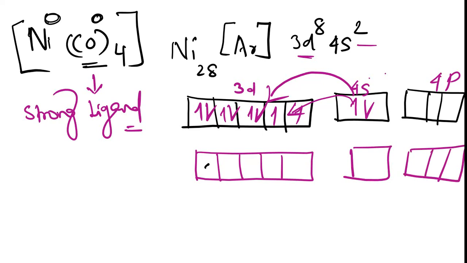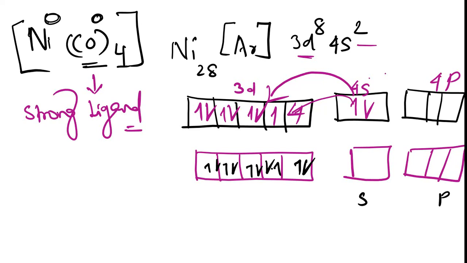These orbitals are already filled with 3d8 only now, 1 to 8. So the 4s electrons are filled in these places. Now, what are the vacant orbitals? s orbital and p orbitals.